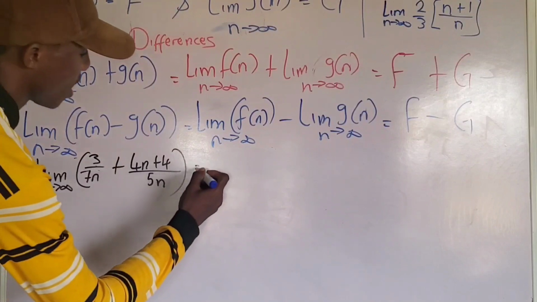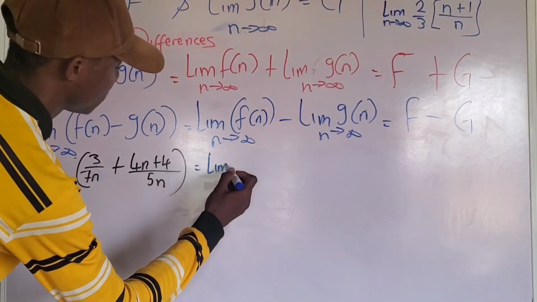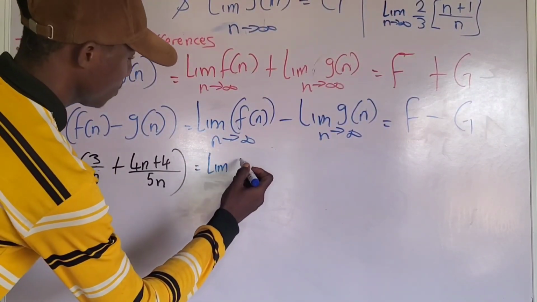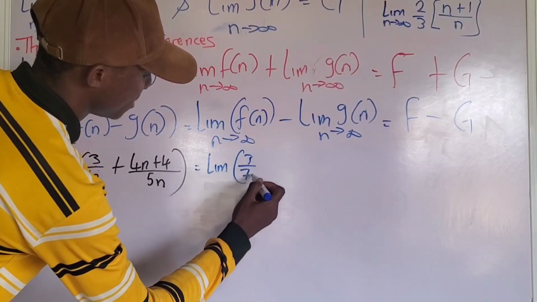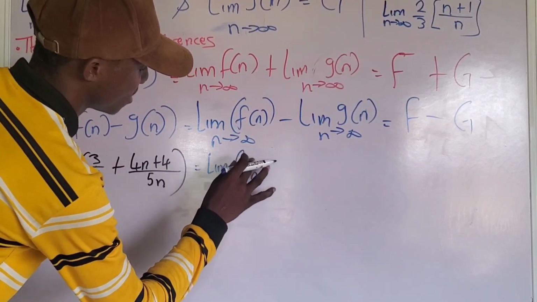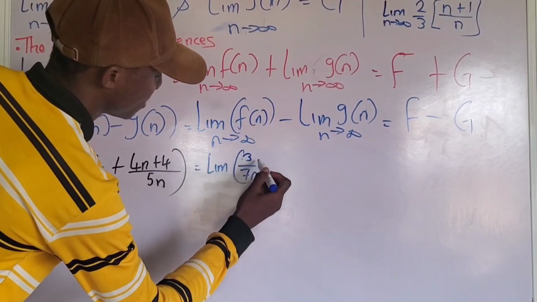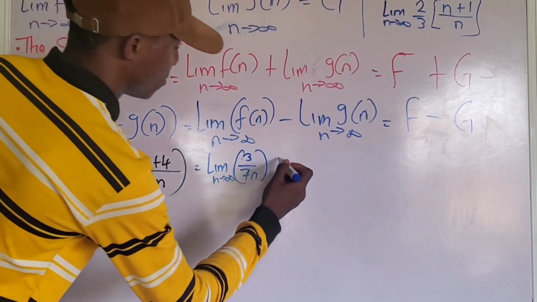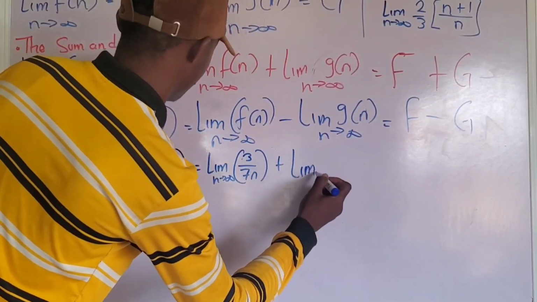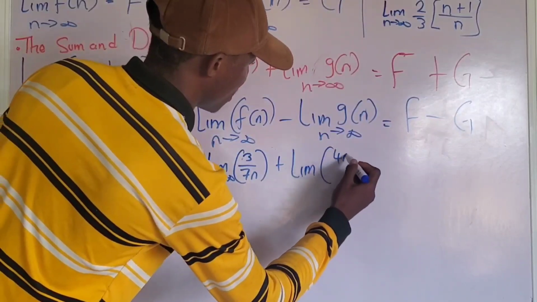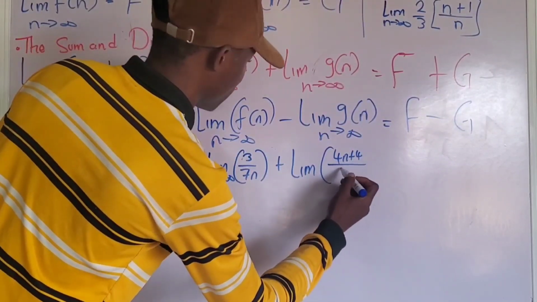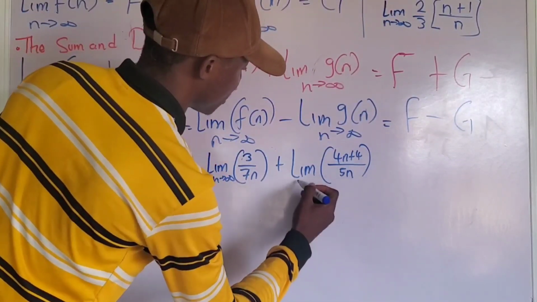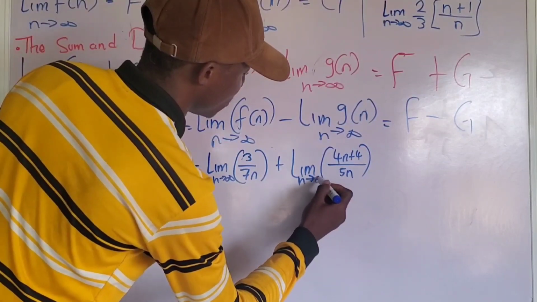So for this, I'm going to have limit 3 over 7n as n tends to infinity plus limit 4n plus 4 all over 5n as n tends to infinity.